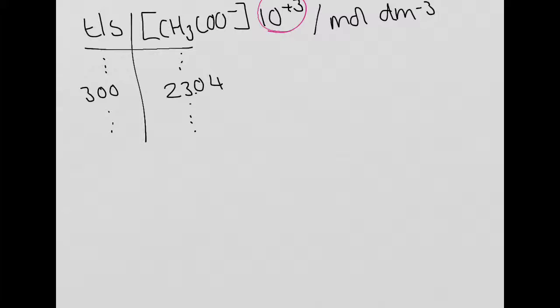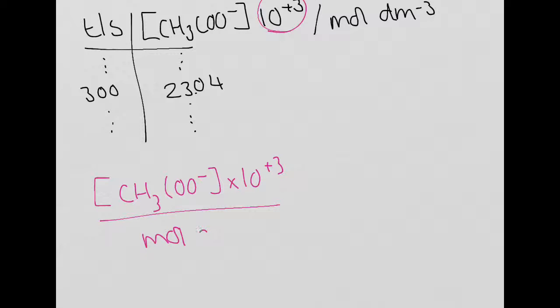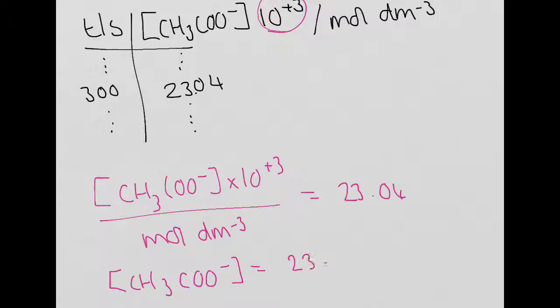Well, if I think of this as CH3COO minus times 10 to the plus 3 divided by moles per decimeter cubed is equal to 23.04, then when I want to rearrange that, I'm going to divide both sides by 10 to the plus 3, so that becomes 10 to the minus 3 on this side: 23.04 times 10 to the minus 3 here, and then moles per decimeter cubed.